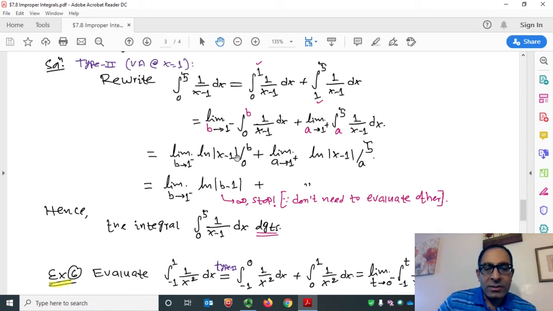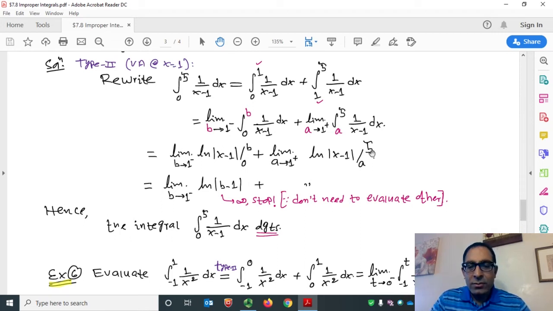Then put x equals the upper limit, x equals the lower limit 0 in the first integral. So limit as b tends to 1 from the left of ln of absolute value of b minus 1. For the lower limit, when you put x equals 0, then you have ln 1. ln 1 is 0, so I don't need to write down the lower limit value here.